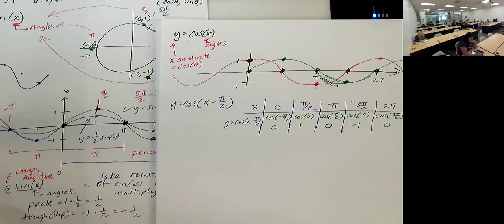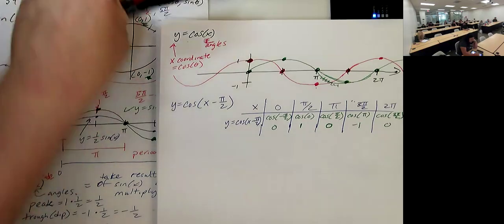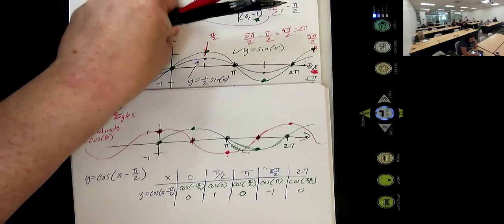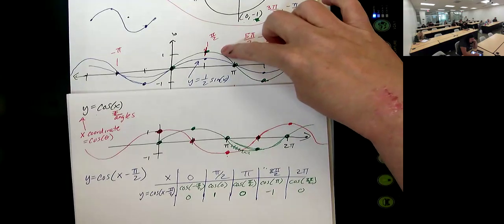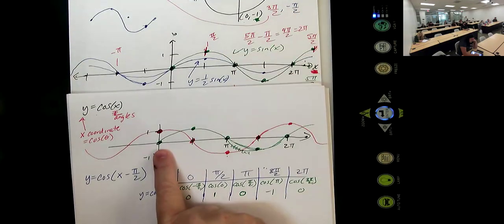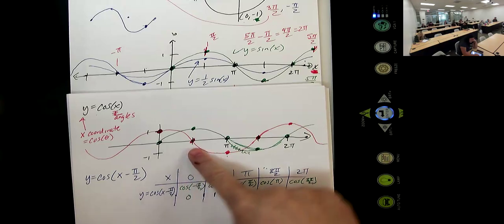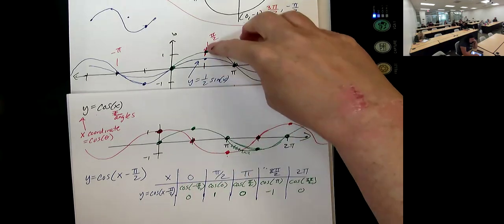What does my green graph look like? Looks like sine, doesn't it? Is it any different from sine? If we look at our green wave here, we had 0, 0, pi over 2, 1, pi over 2 and 1.